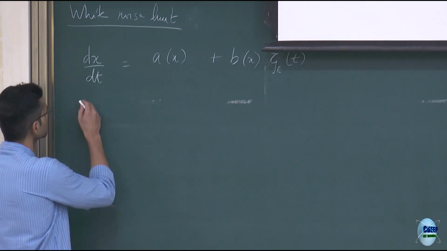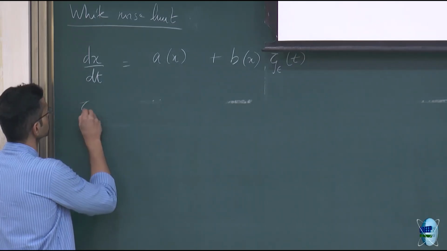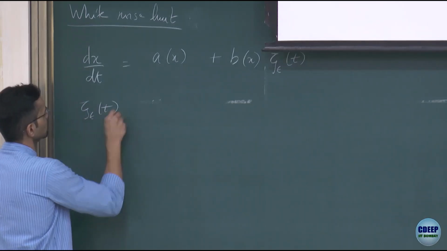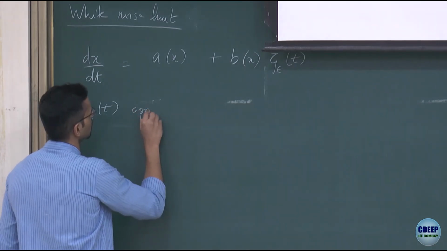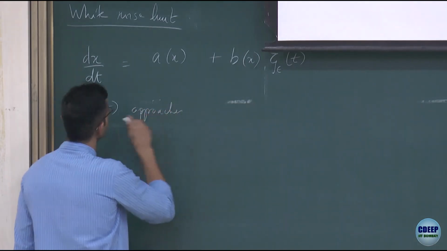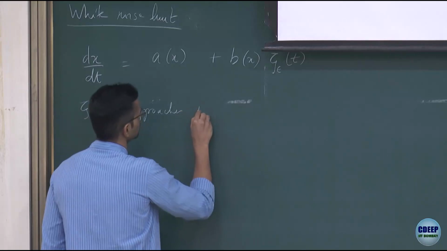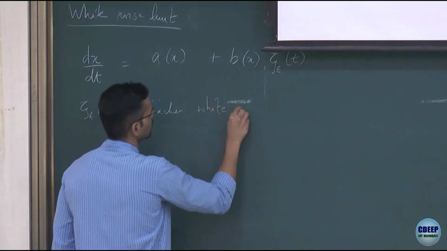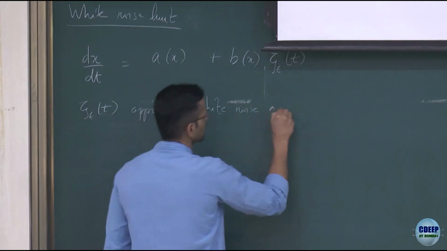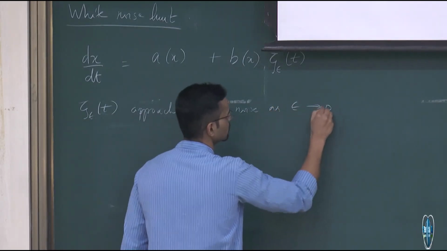Okay, and I'm going to say that I want to make zeta of epsilon t approach white noise as epsilon goes to 0.